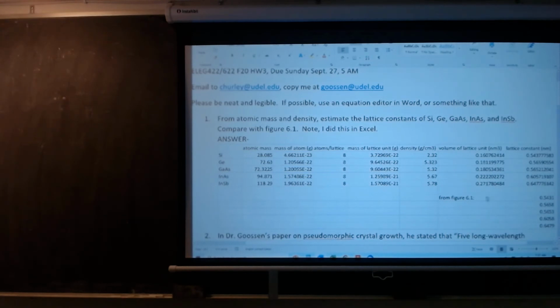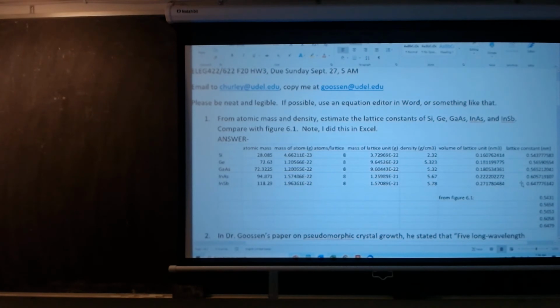And then, this isn't really from figure 6.1. I looked them up, and it pretty much closely follows the values given there. What's sort of interesting here is that the lattice constant, meaning the length of a side of a lattice cube, does kind of track with the atomic mass of the semiconductor, meaning as you go from lower to higher atomic masses, the lattice constant does get bigger.